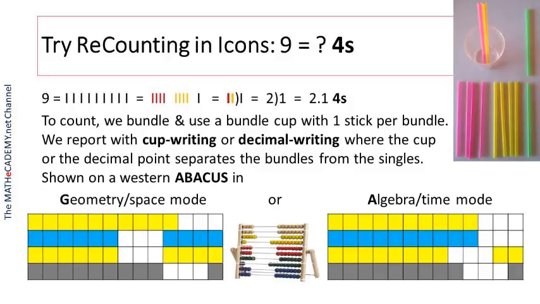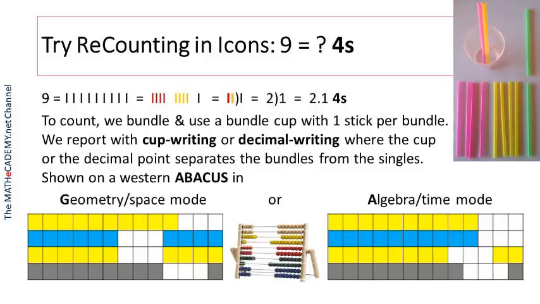To recount 9 in 4s, we bundle and use a bundle cup with 1 stick per bundle. We report with cup writing or decimal writing, where the cup or the decimal point separates the bundles from the singles. The result can be shown on a Western abacus in geometry space mode, or in algebra time mode.